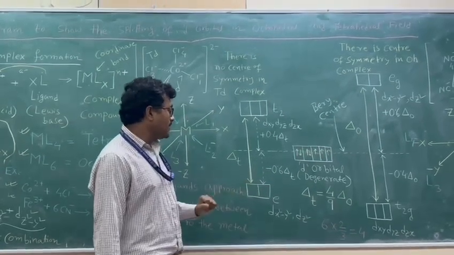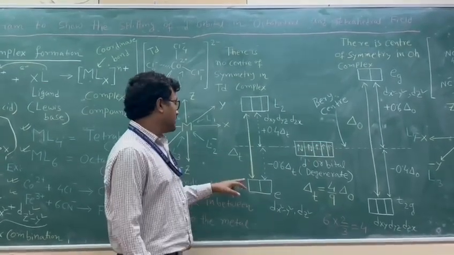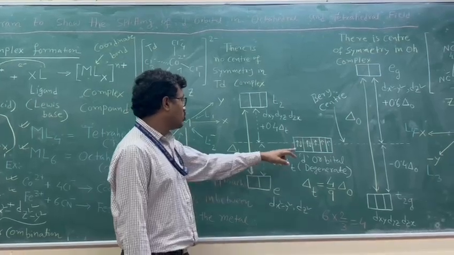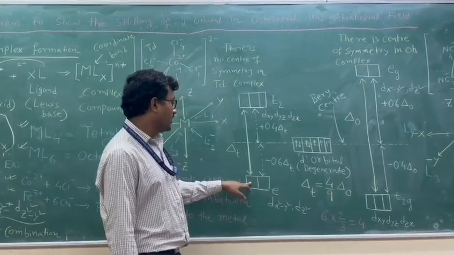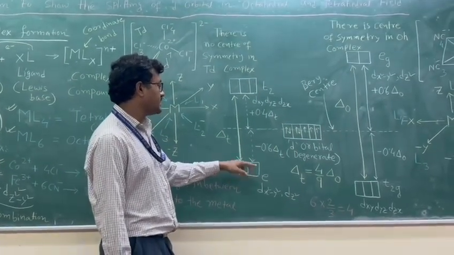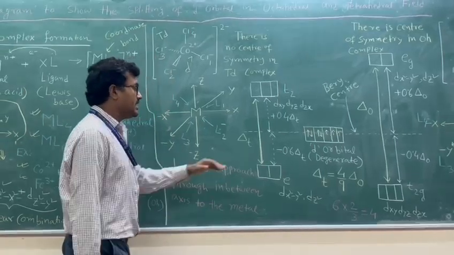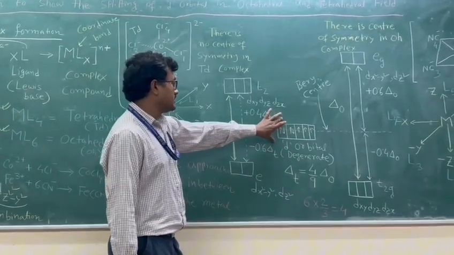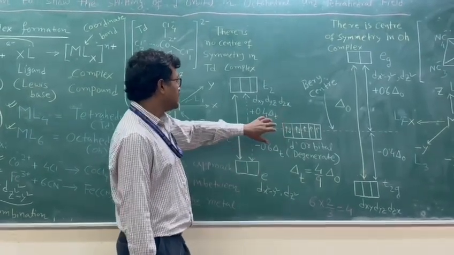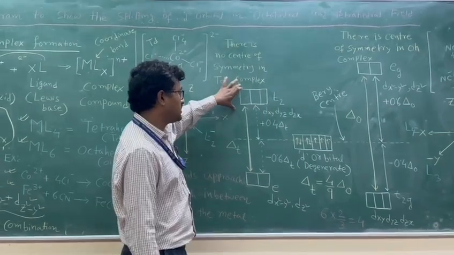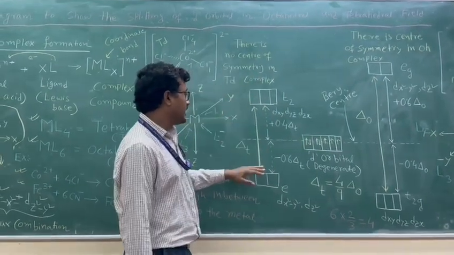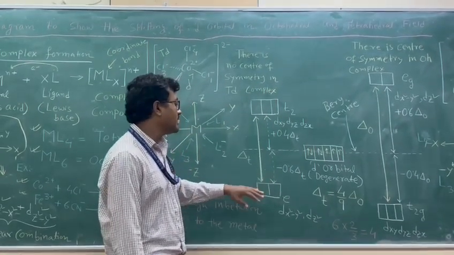Now, to compensate this energy difference, the energy of the other 2 orbitals, dx square minus y square and dz square, will decrease. Initially, the energy level was here. Since the energy of these 3 d orbitals is increased, the energy of the other 2 d orbitals will be decreased.